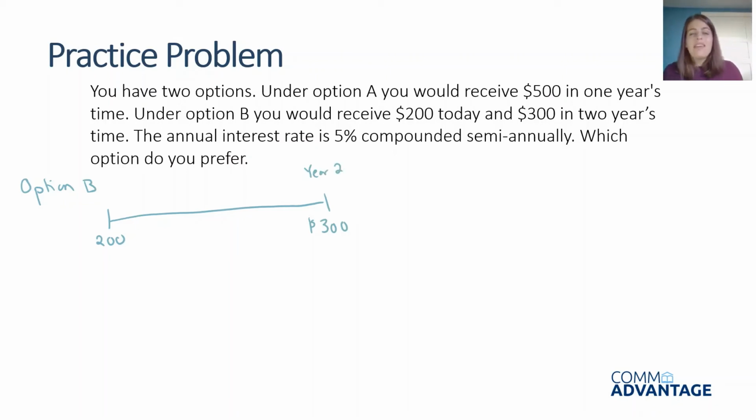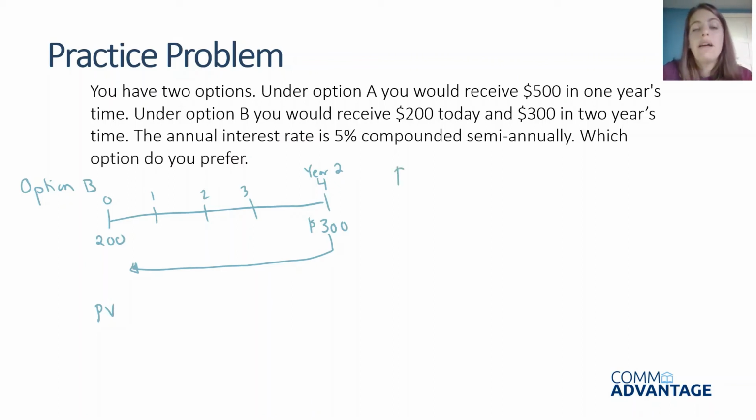Remember though, that 2 years from now is really going to be 4 periods. Because we're compounding semi-annually, we always want to think about how that interest is being applied. So to figure out the present value, we have that $200, which is already in terms of the present value. But we do need to bring that $300 back and figure out what it's worth in today's dollars.